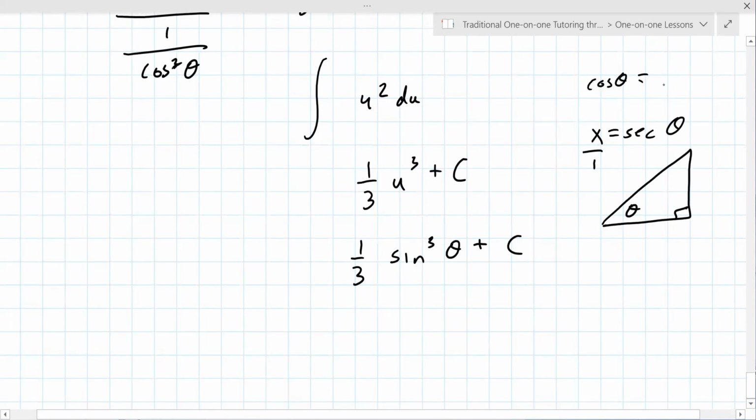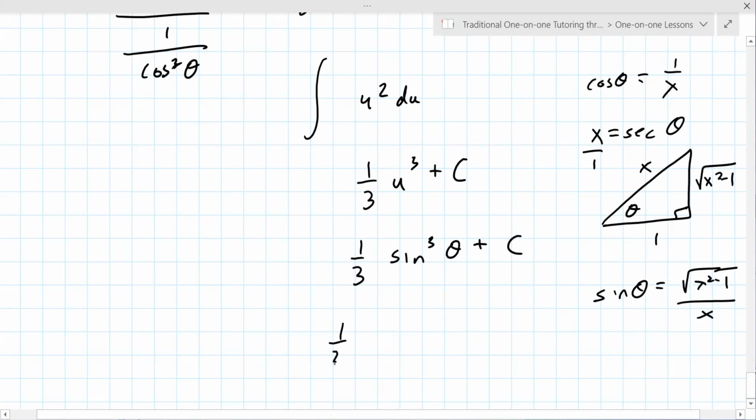Cosine theta is the flip of this, so that's 1 over x. This becomes the square root of x squared minus 1. Then sine theta is the square root of x squared minus 1 over x, opposite over hypotenuse. Tough problem, lots of things here to remember.